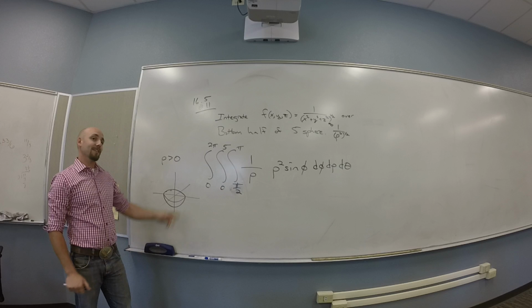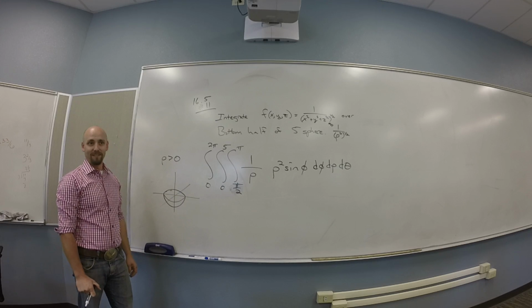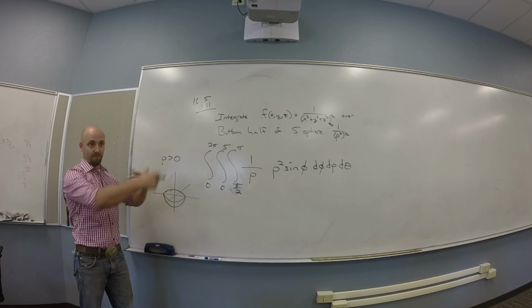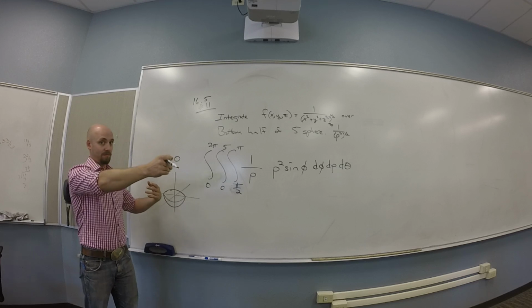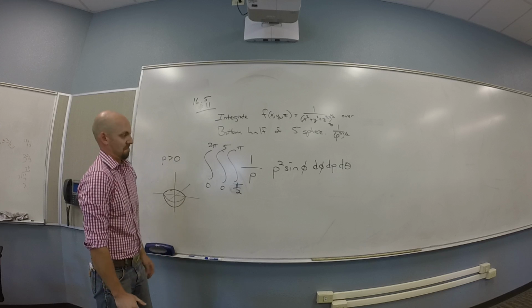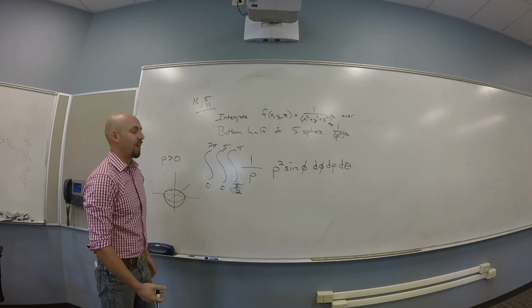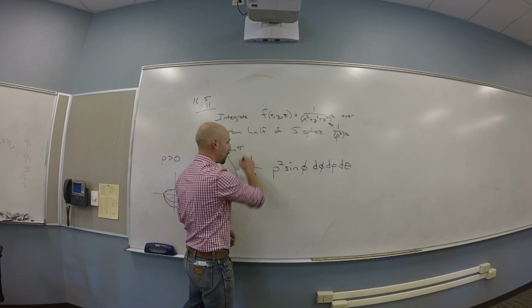Don't check it. Okay, so how do you actually accomplish this integral? What was the rule that we could split them up so that the phis are with each other, the rhos are with each other, and the thetas are with each other? I mean, 1 over rho is just a constant with respect to the others. So the order doesn't matter, right? Because this is all a bunch of stuff multiplied together.